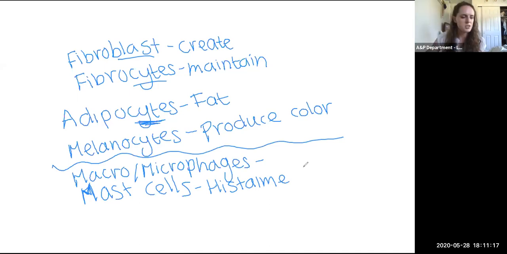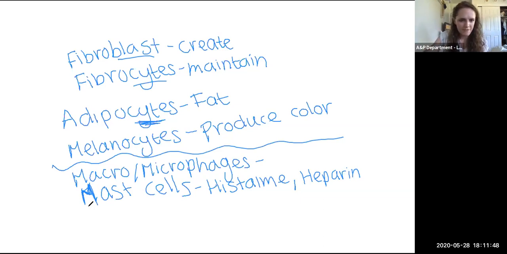They're in charge of creating an immune response or an allergic response to something. They also release heparin, histamine and heparin. But for just this, I want you to know that it releases histamine to help you combat your invading pathogens, those allergies that come in.